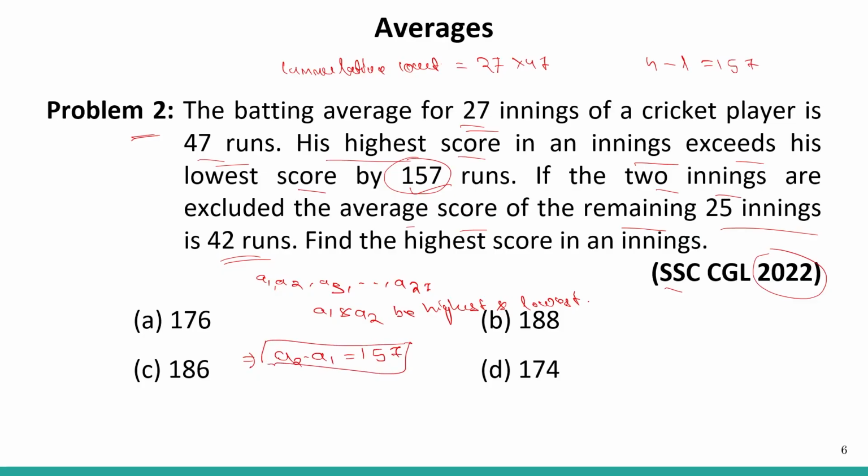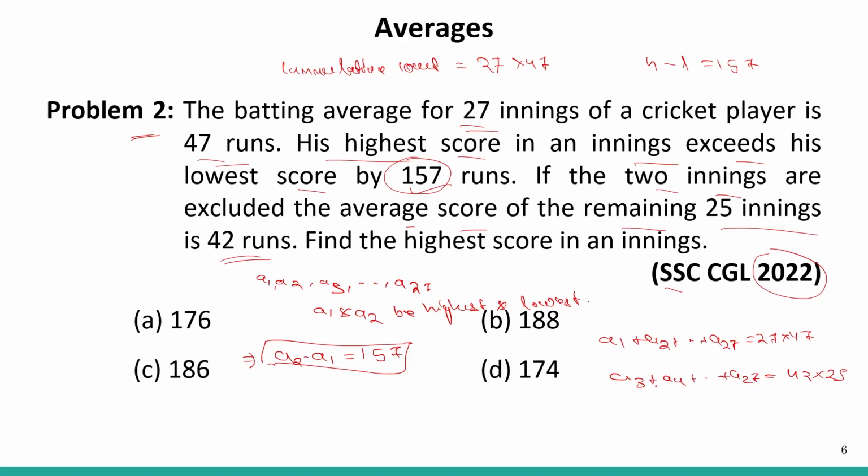This is what is given to us. And we have A1 plus A2 plus dot dot dot A27 is equal to 27 into 47. And given that A3 plus A4 plus dot dot dot A27 is equal to 42 into (27 minus 2), which is 25. Okay, this much is given to us.